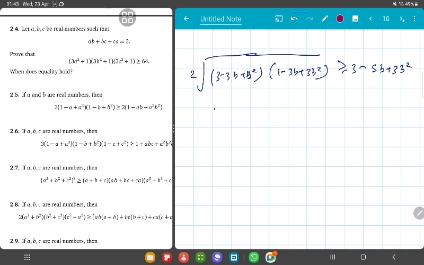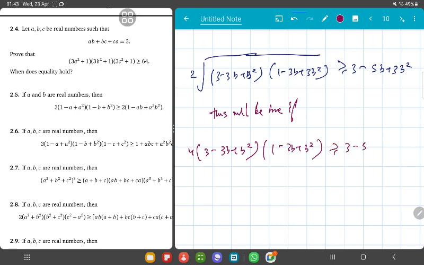This will be true if 4 times 3 minus 3b plus b square times 1 minus 3b plus 3b square is greater than 3 minus 5b plus 3b square all squared, which is equivalent to 3 times b square minus 3b plus 1 square greater than or equal to 0.